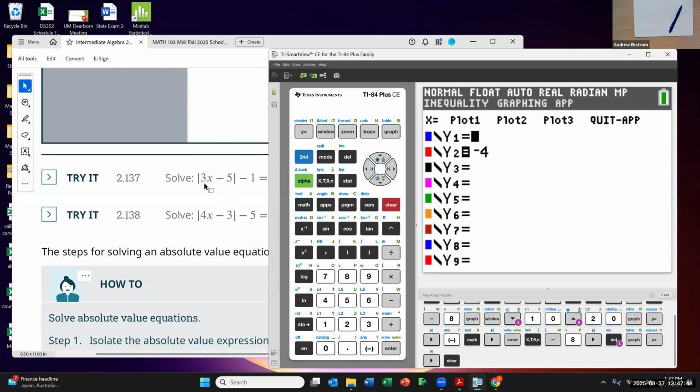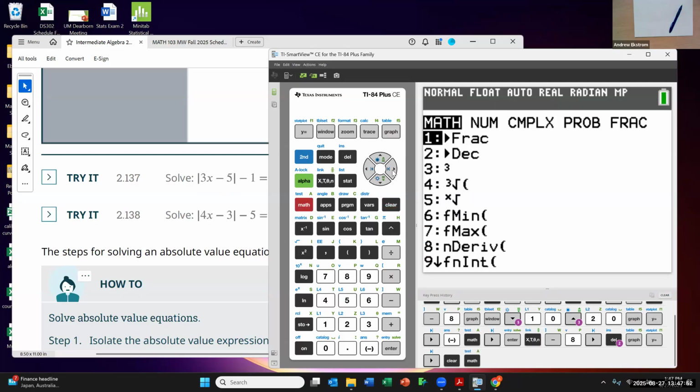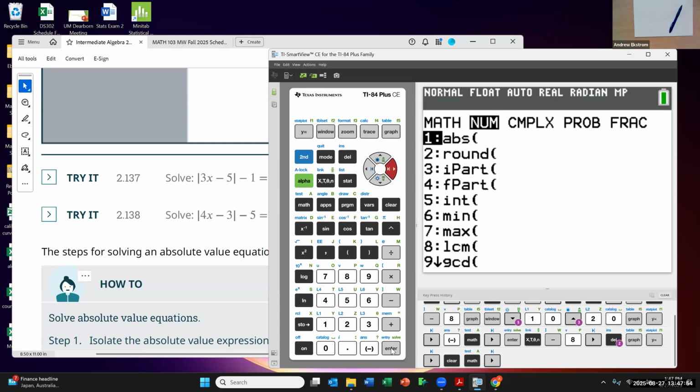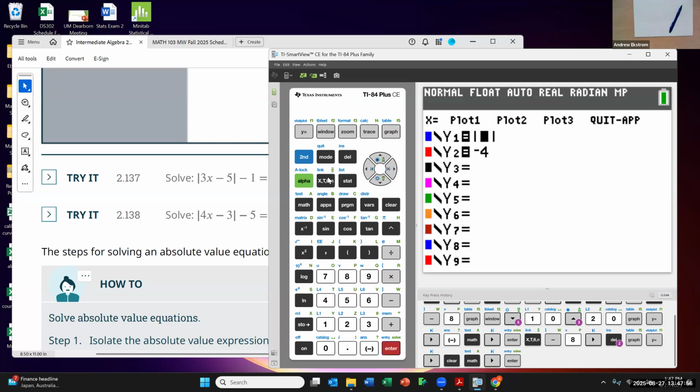So clear that. So I've got absolute value, so I have to go to math, absolute value. Then I've got 3 times x minus 5. I have to hit the arrow over key to say minus 1.